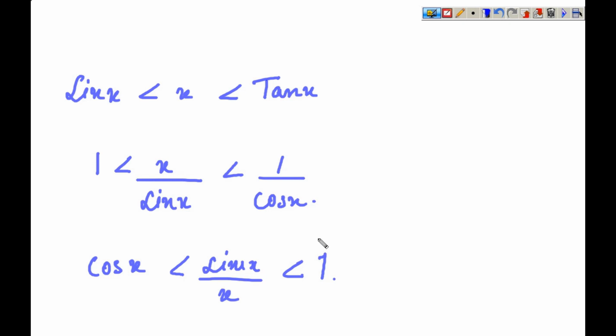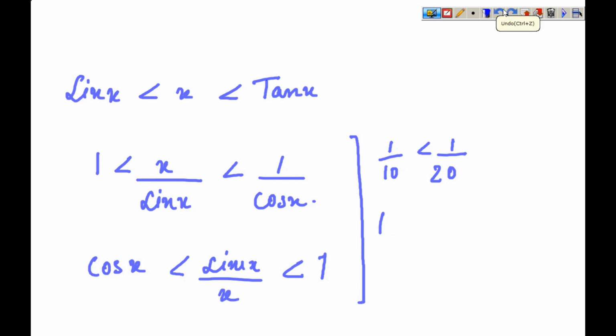And how do we get this? It is because when we apply reciprocals, the least one becomes the largest one. 1 by 10 is greater than 1 by 20.